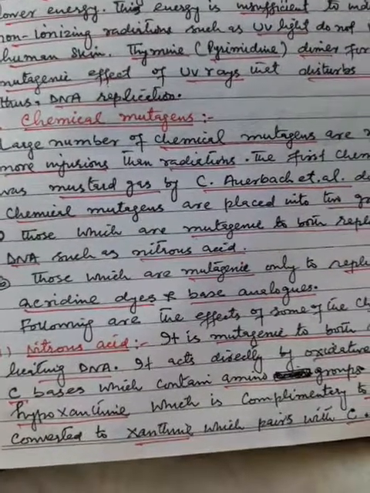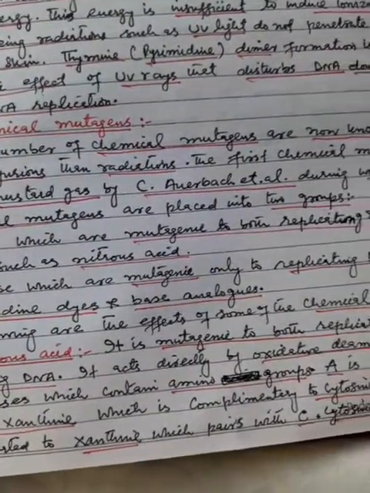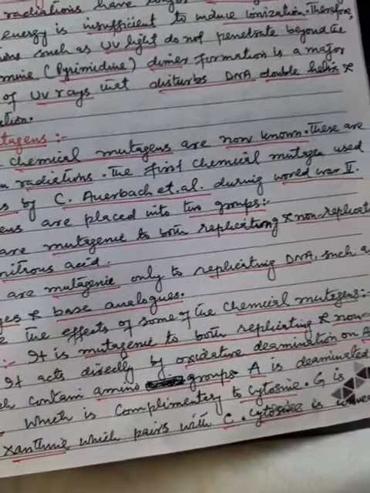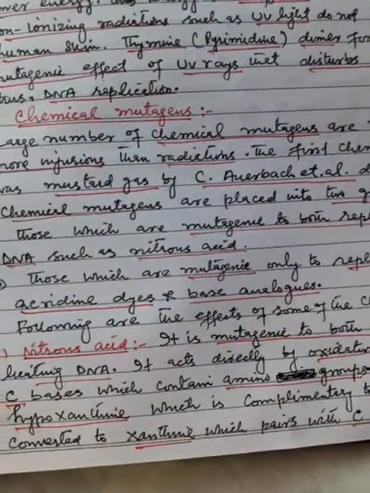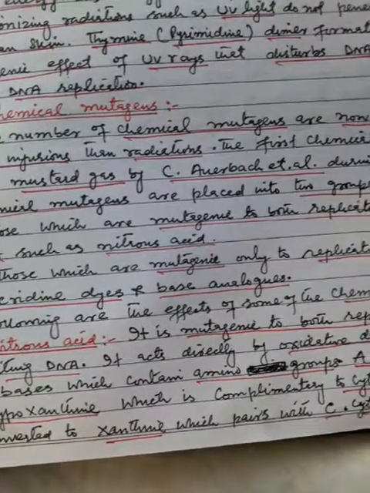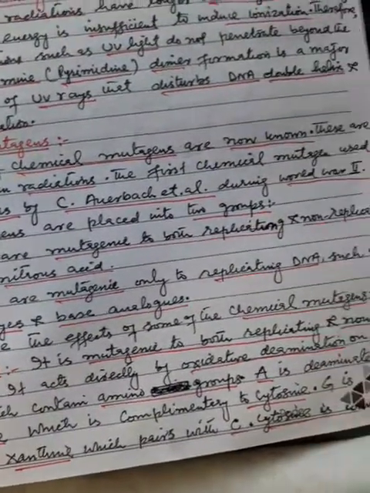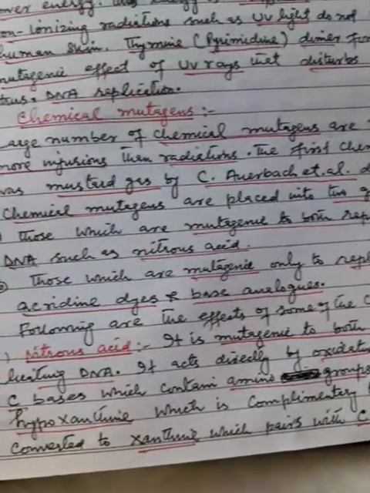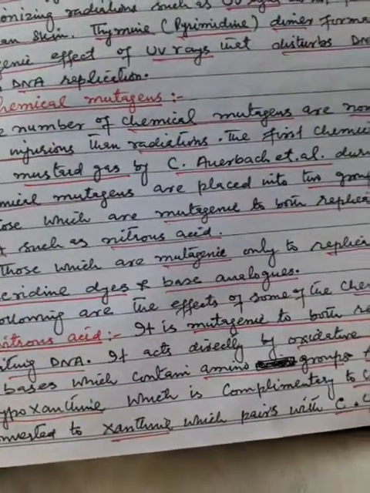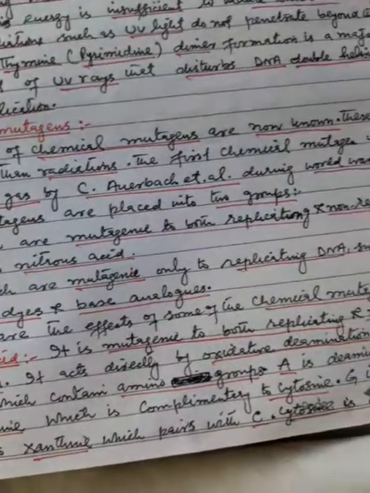Number 1, nitrous acid. It is mutagenic to both replicating and non-replicating DNA. It acts directly by oxidative deamination on A, G, and C bases which contain amino groups.